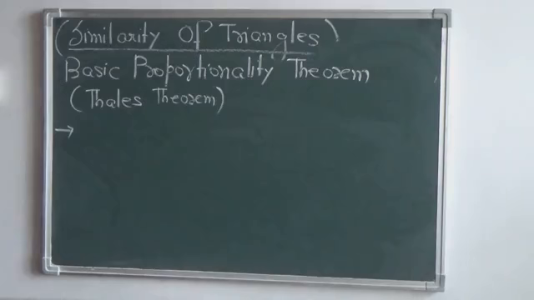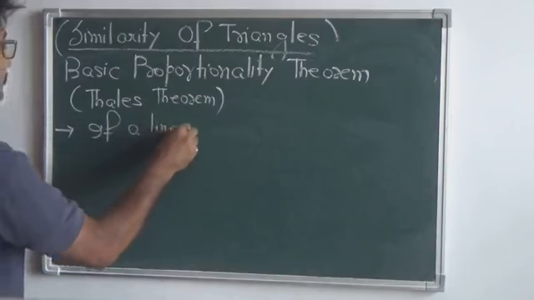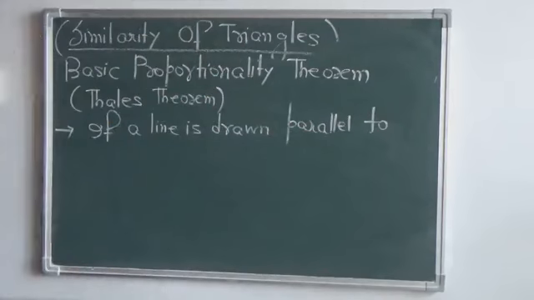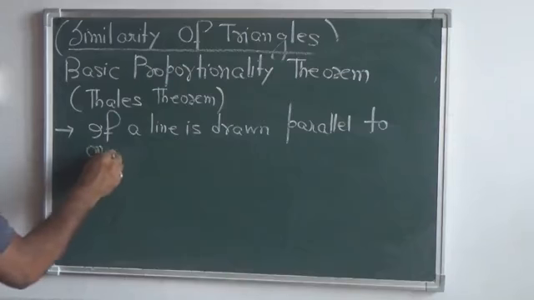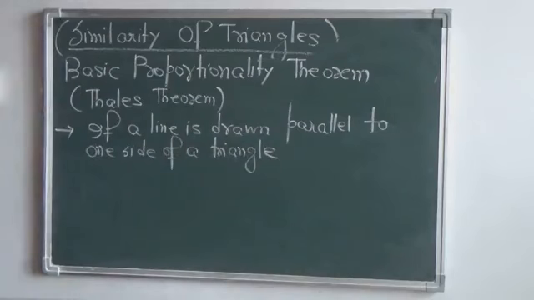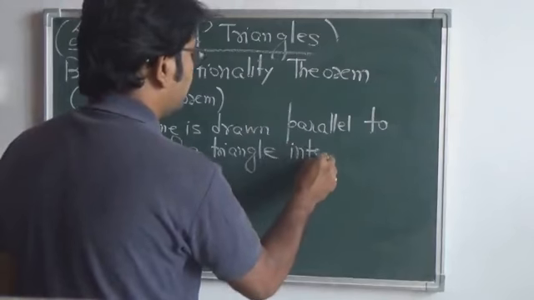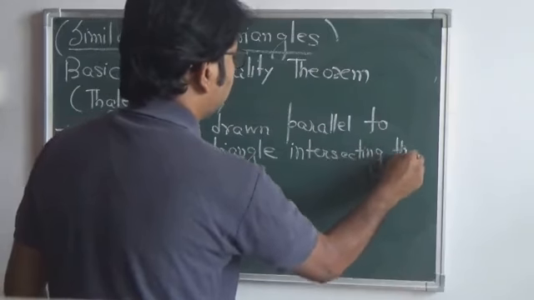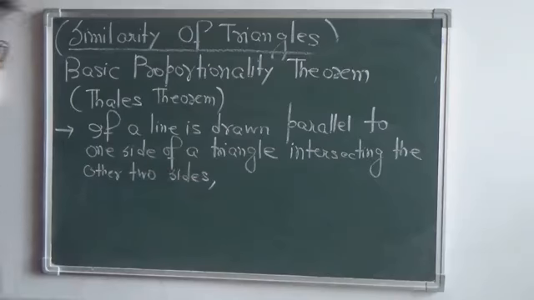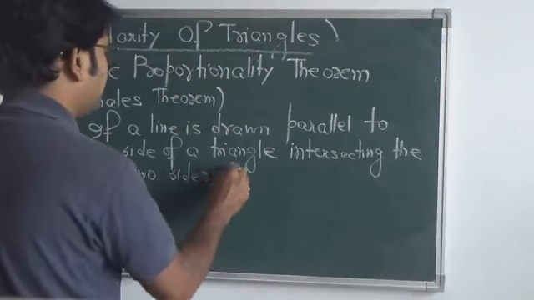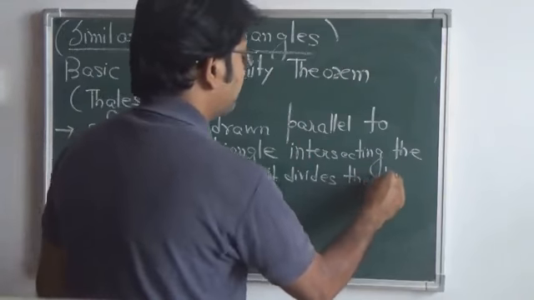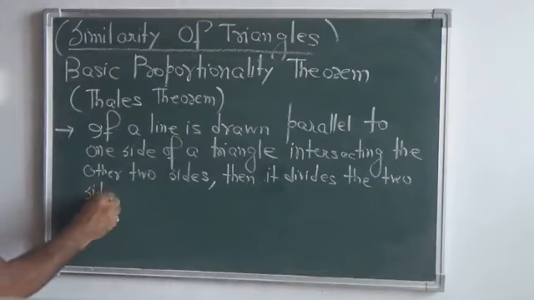Now according to this, if a line is drawn parallel to one side of a triangle, intersecting the other two sides, then it divides the two sides in the same ratio.